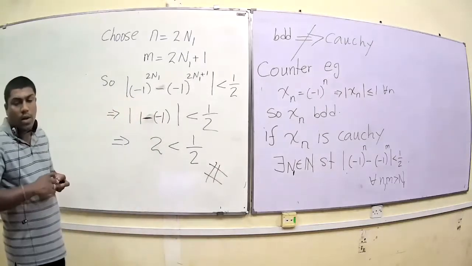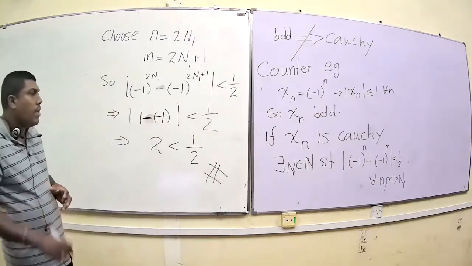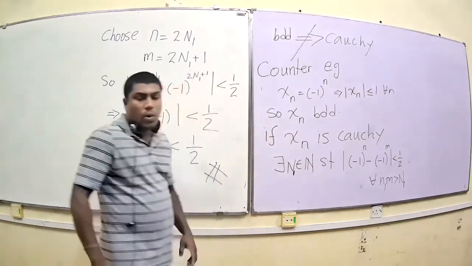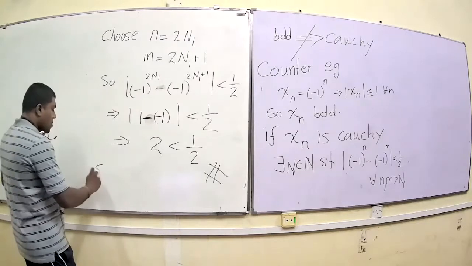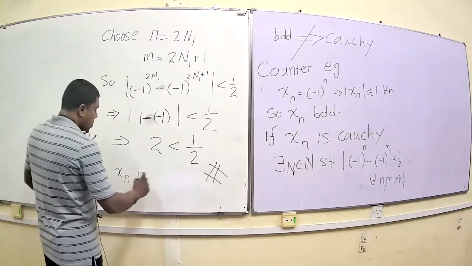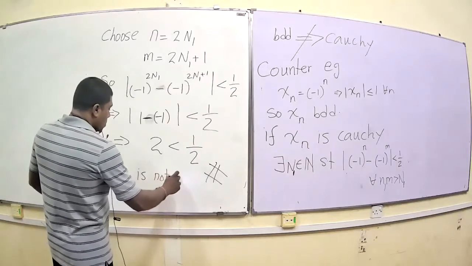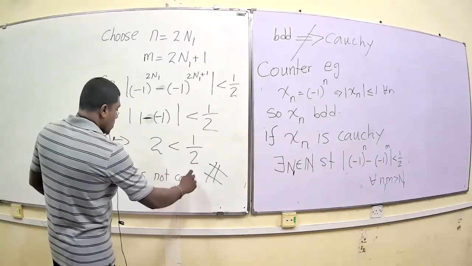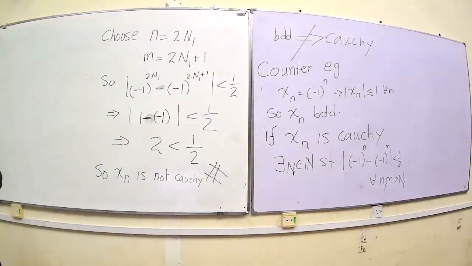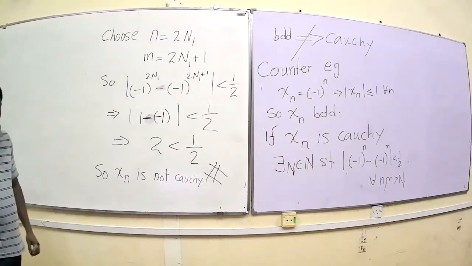If this is a contradiction, then xₙ cannot be Cauchy. So you can see that it is not Cauchy.